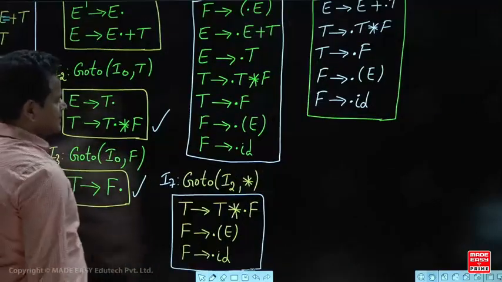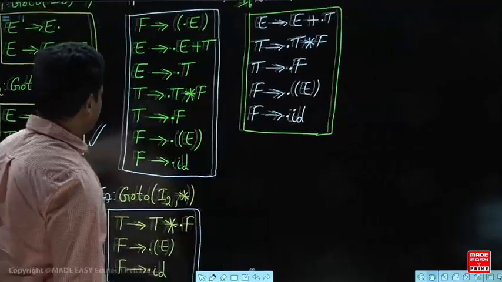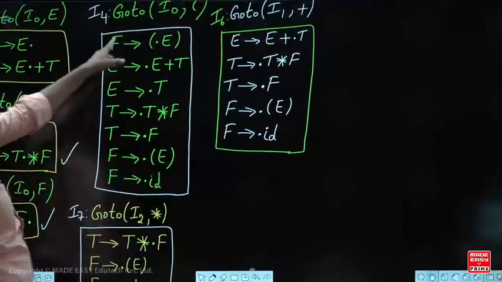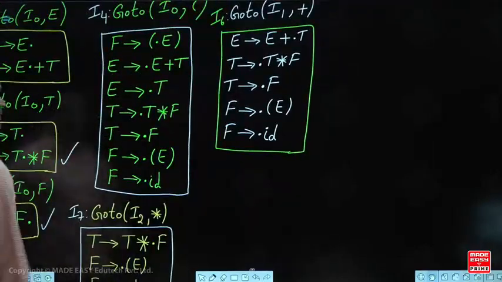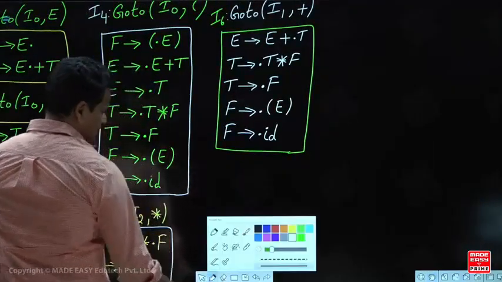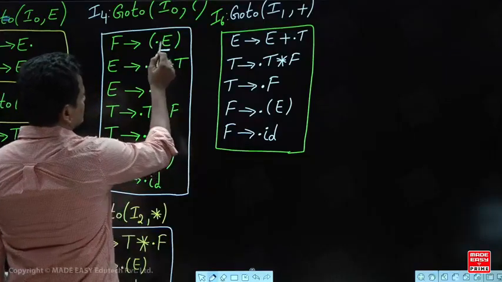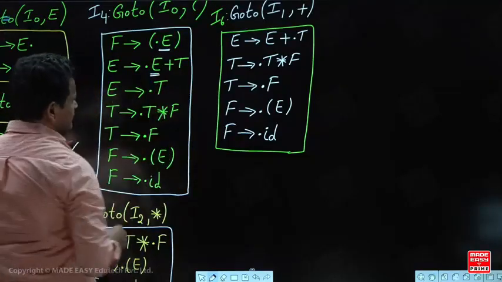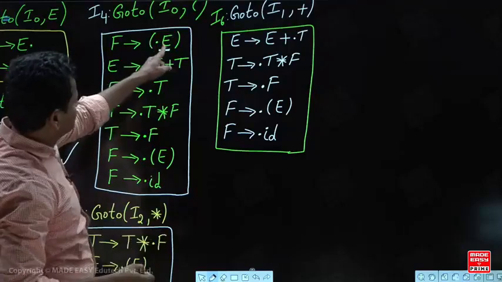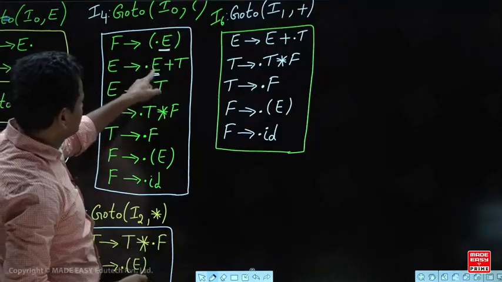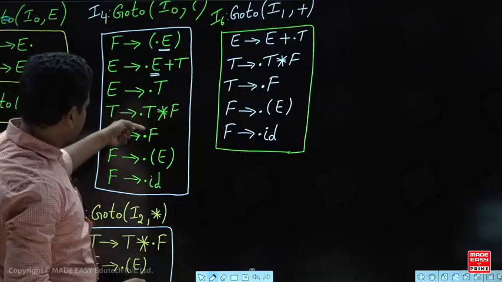Okay, now come to I4. Are you following? Now this is dot of E, and here also dot of E. Here what is the shift symbol? Capital E. Do you have capital E anywhere else?